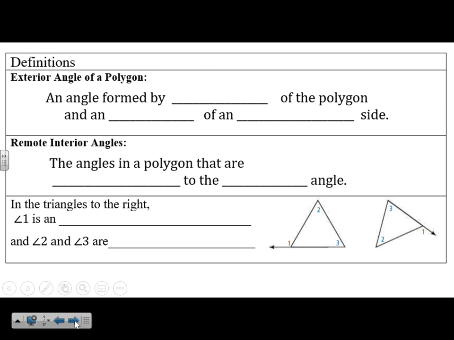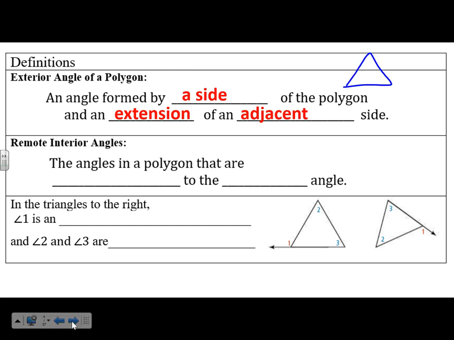But a couple definitions. The exterior angle of a polygon is an angle formed by a side of a polygon and an extension of an adjacent side. So the big thing is that you're extending it. A lot of people think that an external angle is this angle right here. But that's not the external angle.